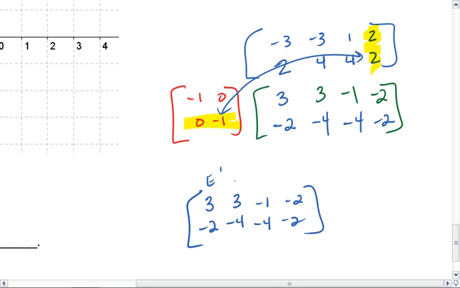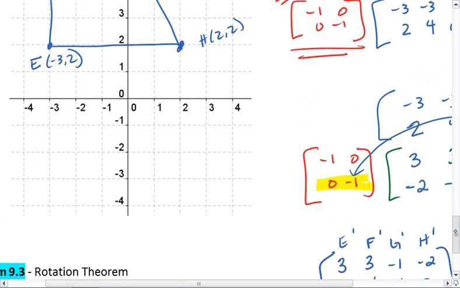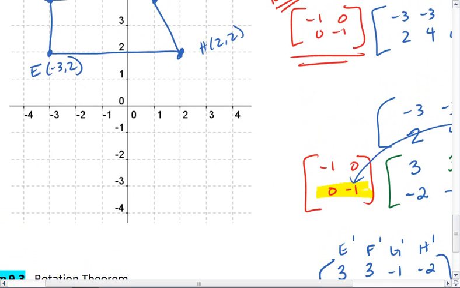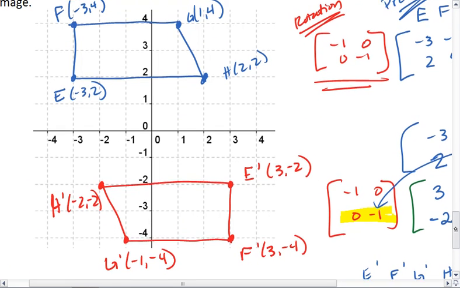And this is E prime, F prime, G prime, H prime, which I can then plot. So here is my image in red. I have a full 180 degree rotation, which gives me the image.